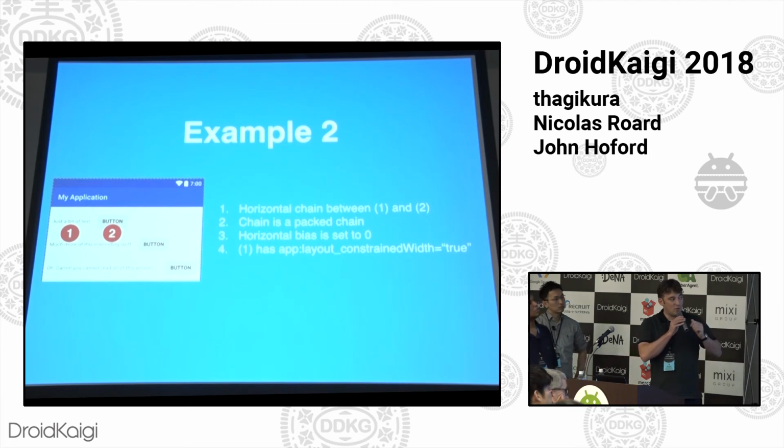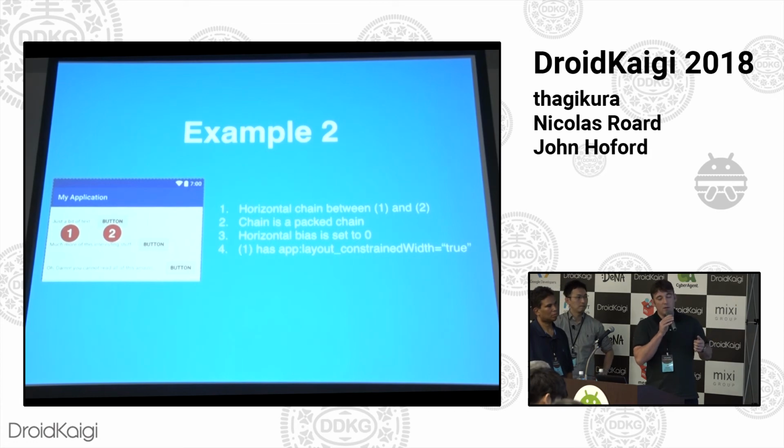So the reason we use constraint width like that is you would set the dimension of the text view here to be wrap content. But for efficiency reasons, when you simply set wrap content on that text view, internally we'll consider it as a fixed dimension.